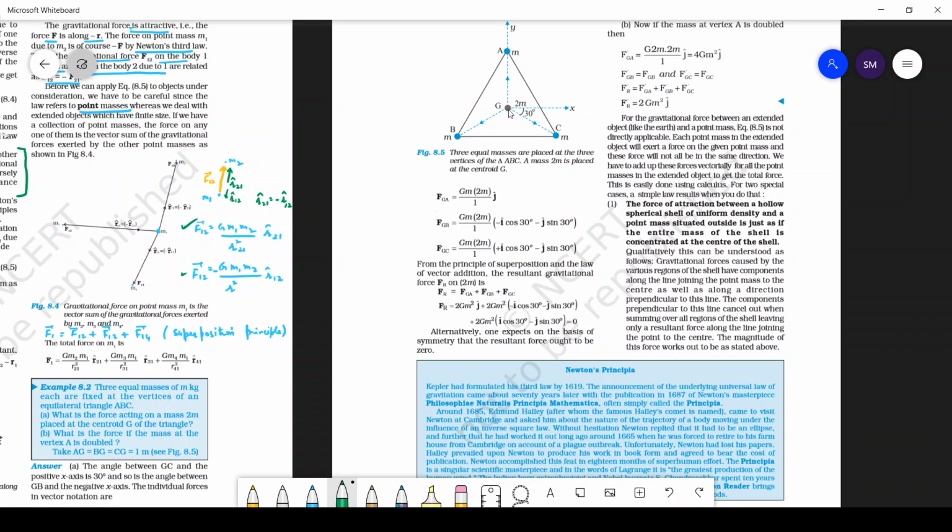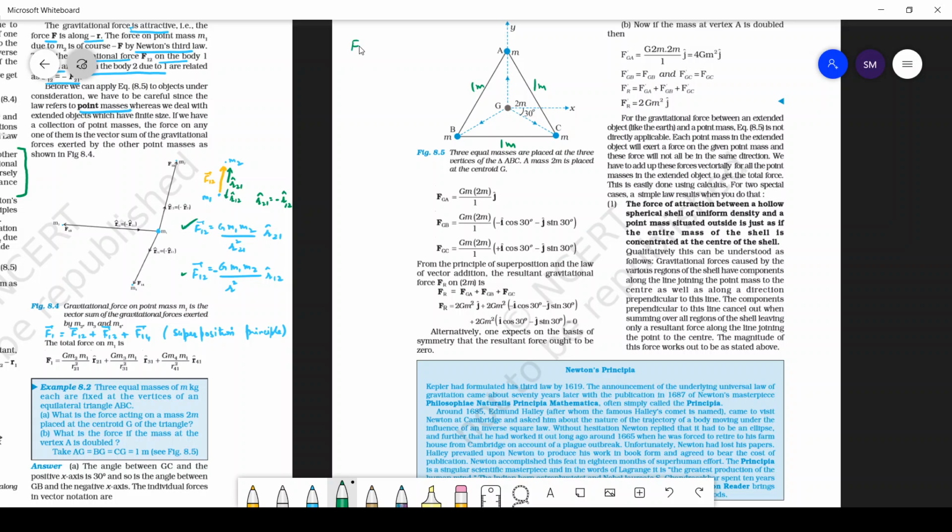What is the force acting on mass M2, which is placed at the centroid of the triangle? And what is the force if the mass at vertex A is double? So that's the B part. Okay, so let us first find out. It is given that AB is 1 meter, AC is 1 meter, and that's also 1 meter. That is given to you, and you have to find how much is the force acting here at G.